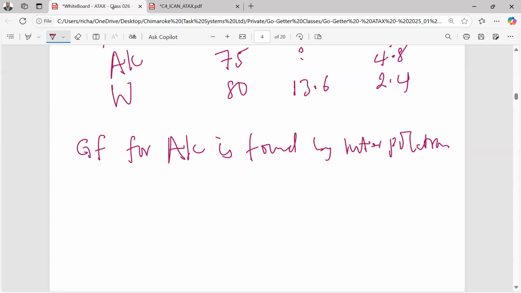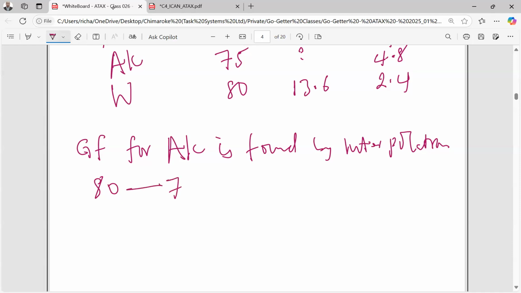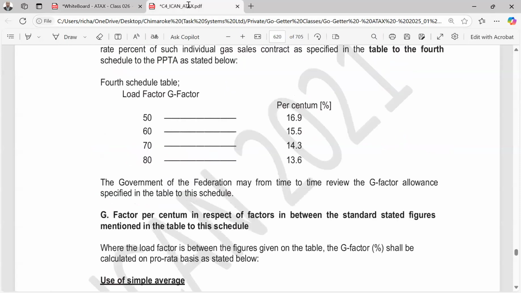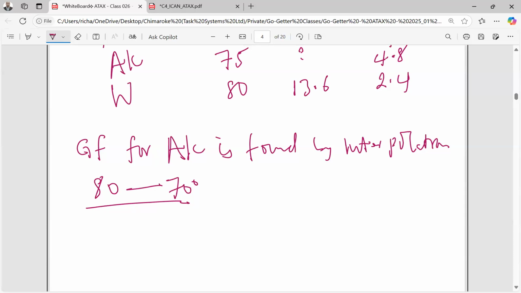So you say 80, which is the higher gas factor, minus 70, which is the low gas factor in that range, high, low. Now, 75 is higher than 70, so 75 minus 70. Now watch.